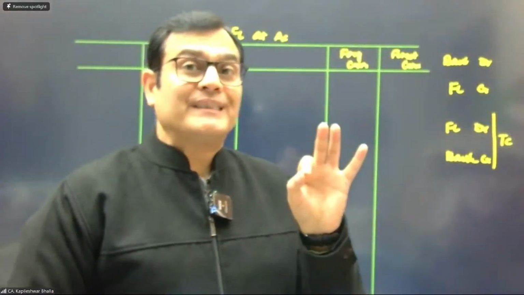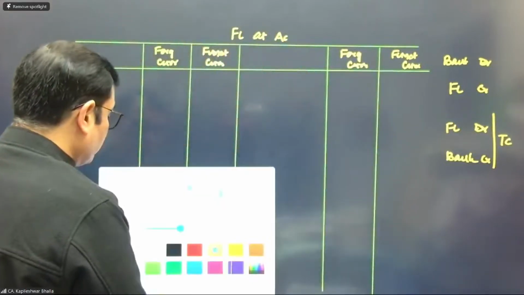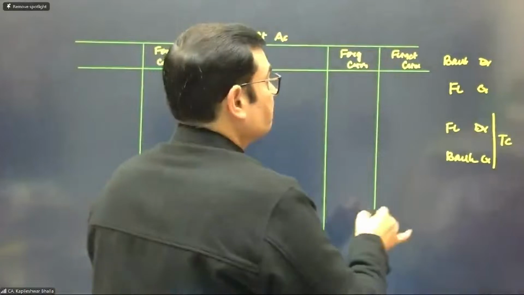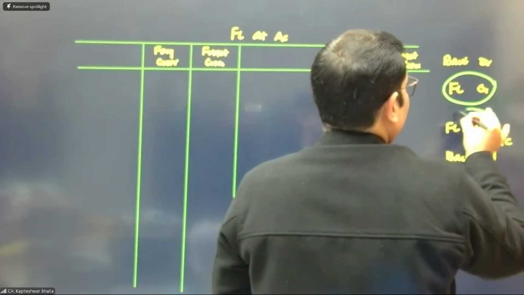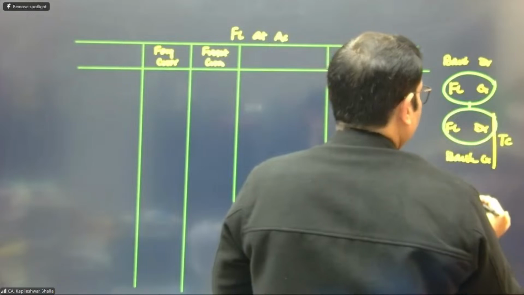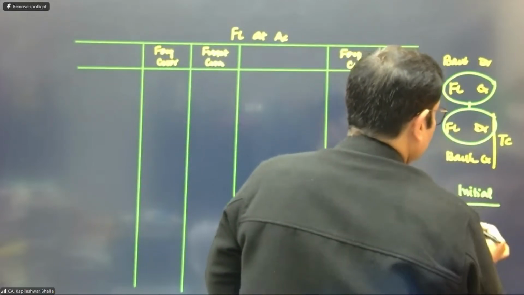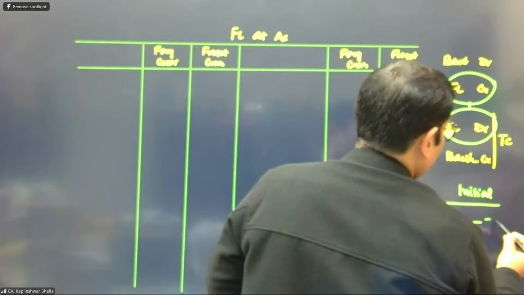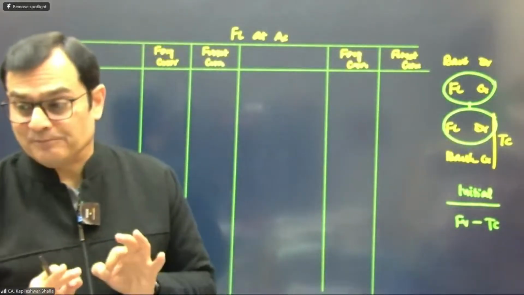The financial liability, which is a credit, is getting a debit because of TC. So at the time of initial recognition, you need to consider the liability at fair value minus the TC. Simple mathematical logic.